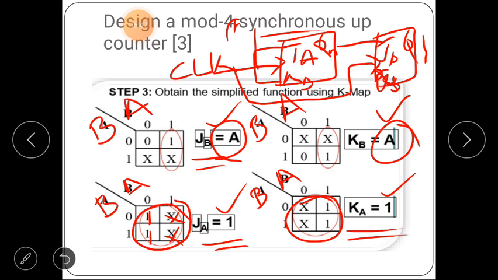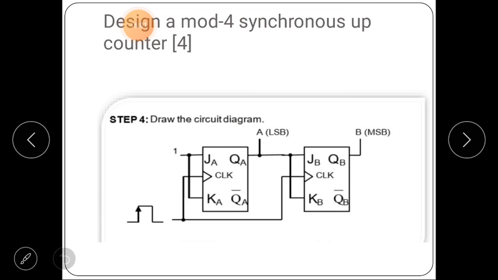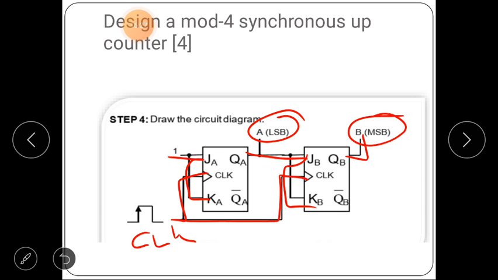So we connect the QA output to JB and KB, and QB is B. A and B are the outputs.